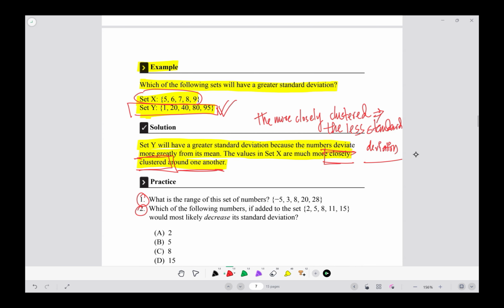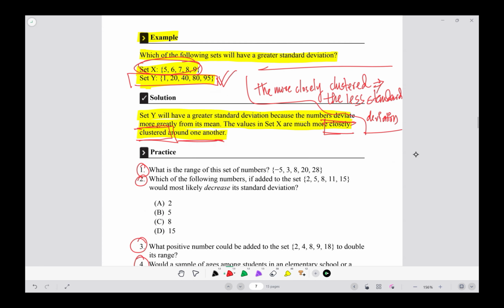Do you understand? That is it. The more closely clustered, the less standard deviation. So this set X has less standard deviation.